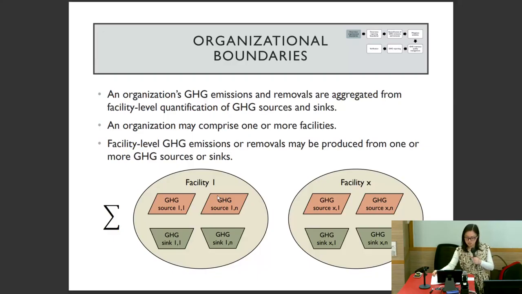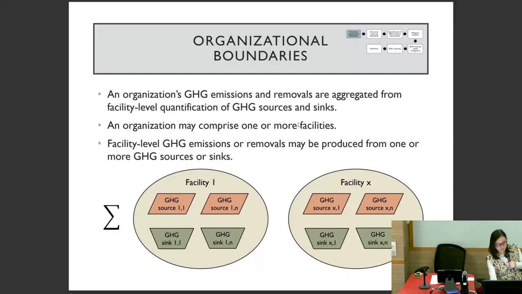So the organizational boundary is the extent to which an organization assesses and reports its emissions. So to which extent? What is the boundary? It defines the operational and geographical limits within which an organization quantifies and discloses its greenhouse gas emissions. An organization usually comprises one or more facilities.